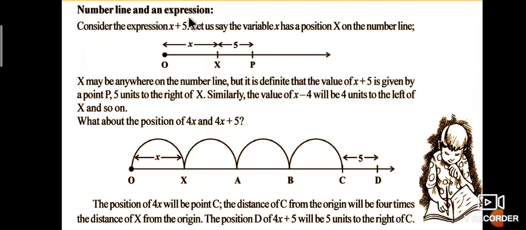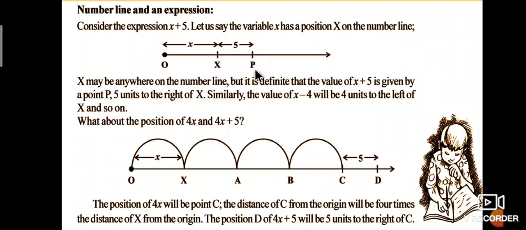Number line and an expression. Consider the expression x plus 5. Let us say the variable x has a position x on a number line. Here observe, students, this is a number line, and this is the distance of x, and this is 5.